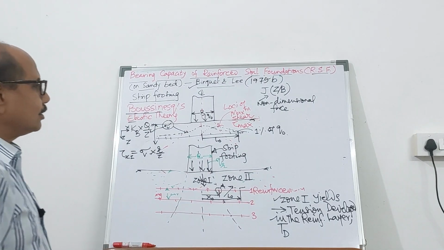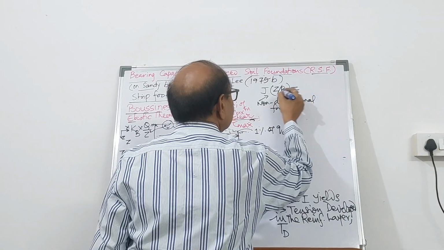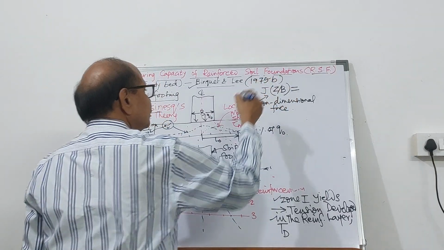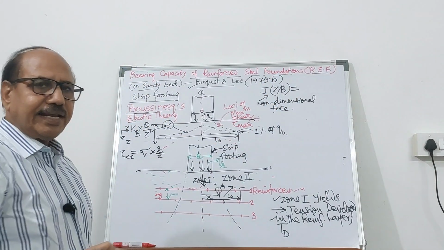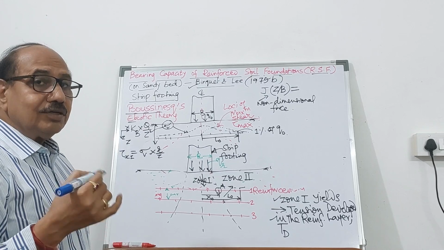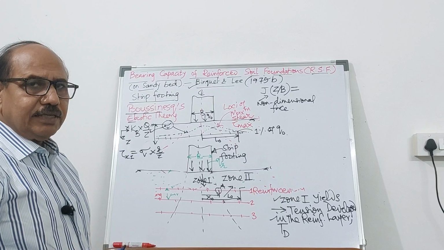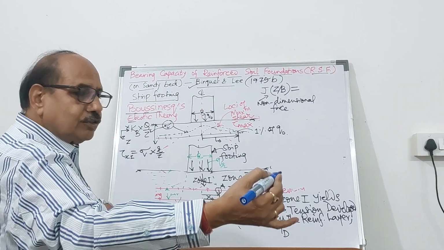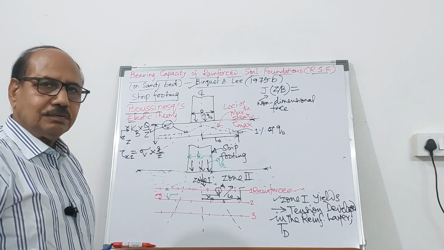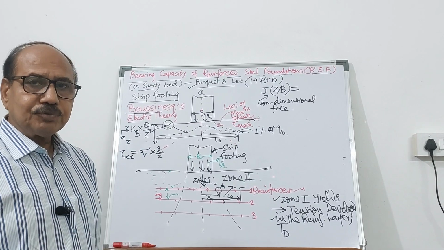So it is given by the expression Z by B for any depth, the depth ratio, as it is called. It is a non-dimensional term. Z is the depth in meters, B is the width of the footing. So J is the quantity at any depth.